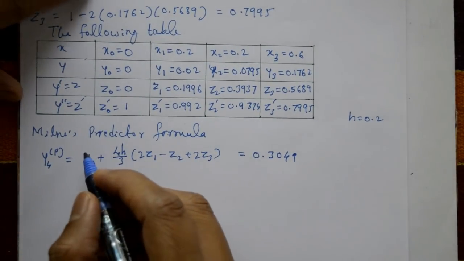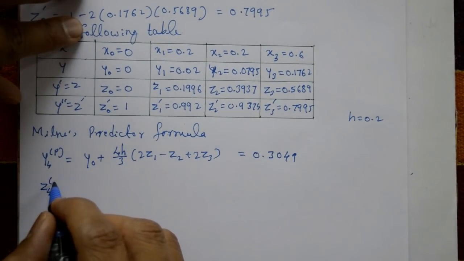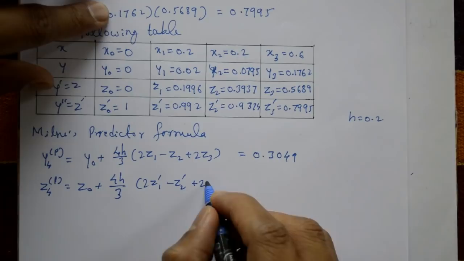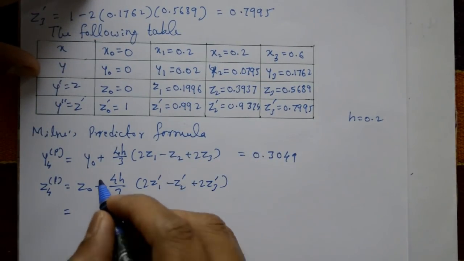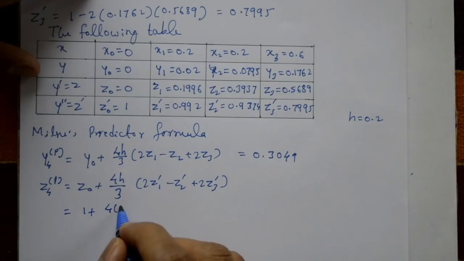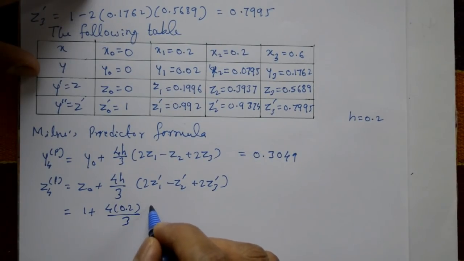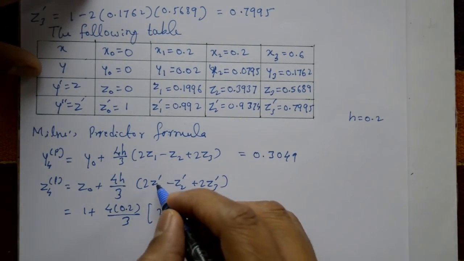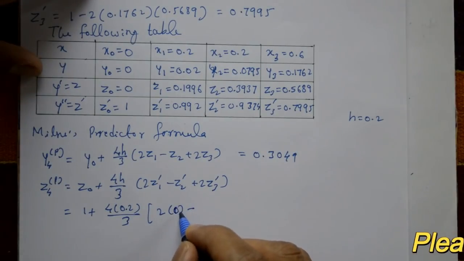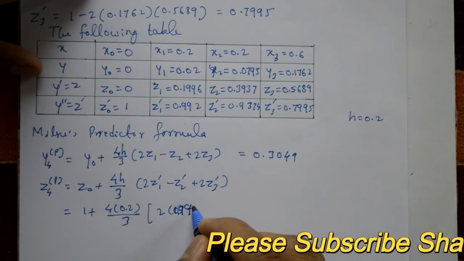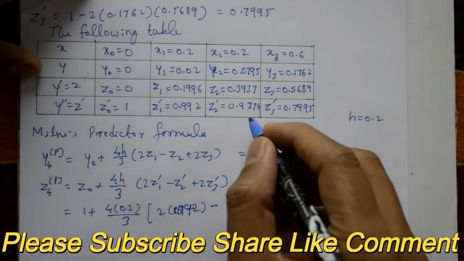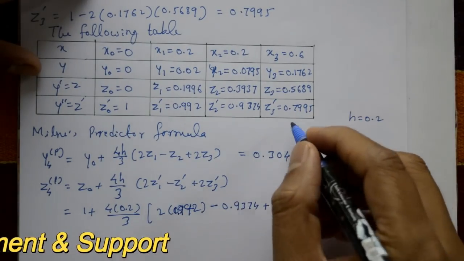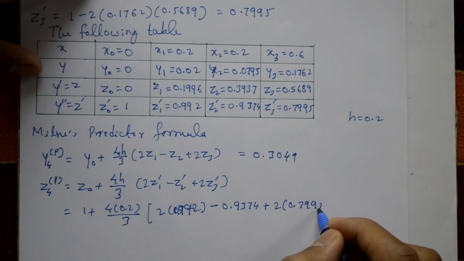This is a second order equation, so one more is the z4 predictor formula. Substitute the values: z0 value is 1, plus 4h, that is 4 into 0.2 divided by 3, into 2 into z1 dash, which is 0.992, minus z2 dash, which is 0.9374, plus 2 into z3 dash, which is 0.7995.